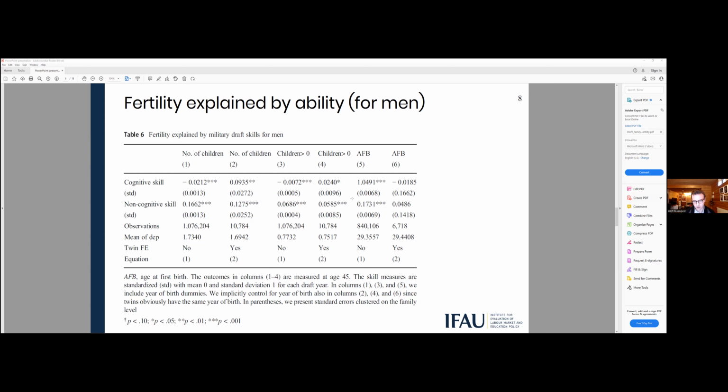So it seems like non-cognitive skills stands out in terms of how family background is affecting the relationship between the skill measure and the fertility measures. And age at first birth, I think it's similar to what we saw before, at least for cognitive skill. Cognitive skill was associated with a delay when we estimated for the whole population. When we estimated within twin pairs, there is not much of a relation left in terms of delay.